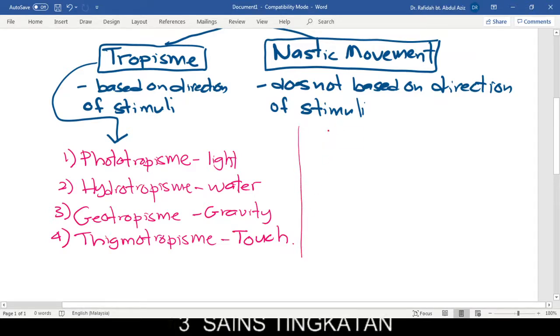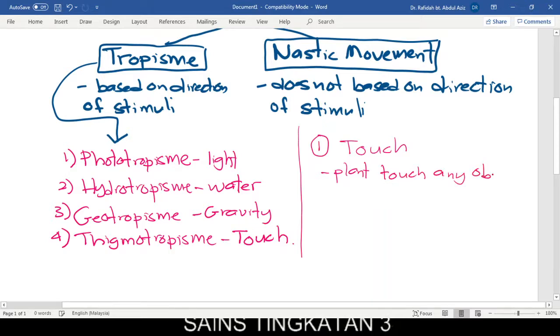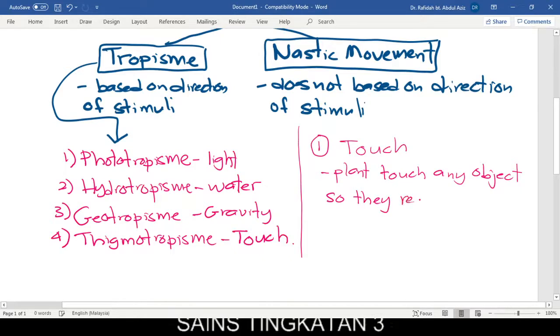For Nastic movement, normally we have only one type of stimuli, that is based on touch. So when plant touches any object, they will react with no direction.